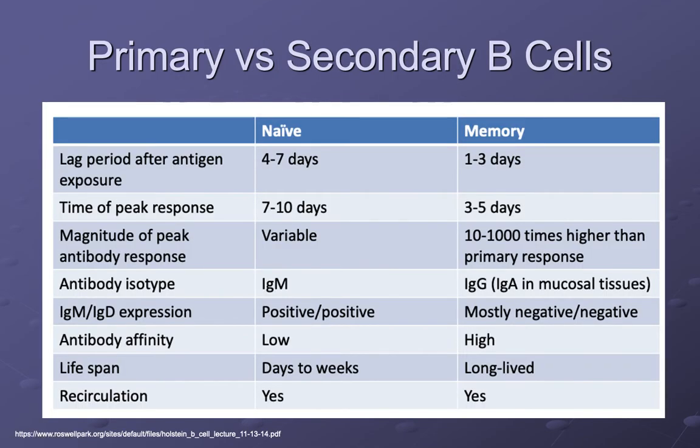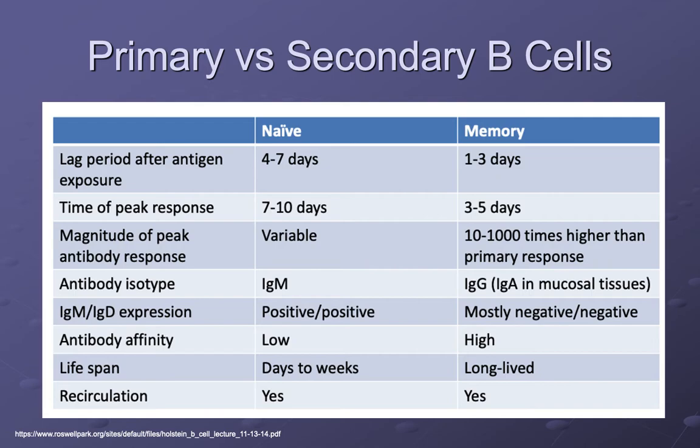Now, we expect that after an initial encounter with a foreign pathogen or an antigen, secondary memory cells will be kept in the circulation. And these memory cells, compared to their naive counterparts, have different characteristics. In terms of lag period after antigen exposure, memory B cells are faster than the naive ones, just 1 to 3 days compared to almost a week before naive B cells can be activated after antigen recognition.